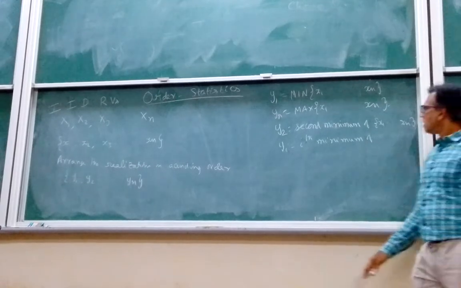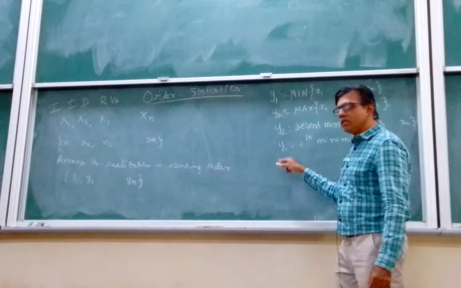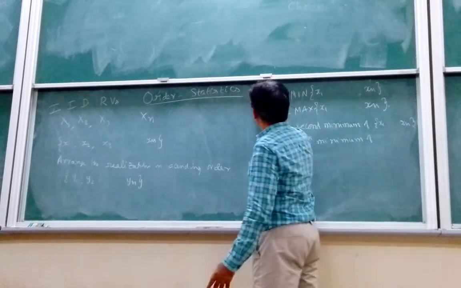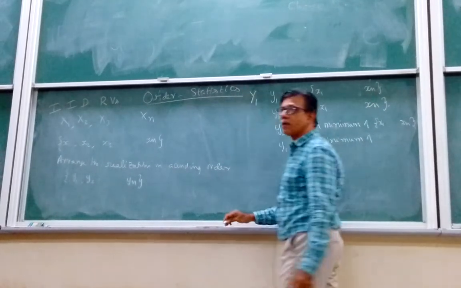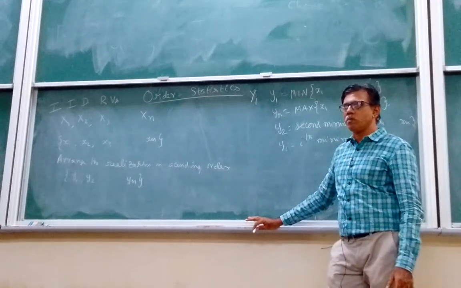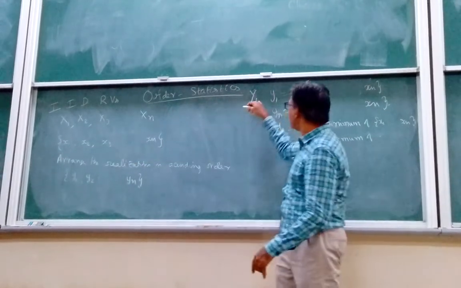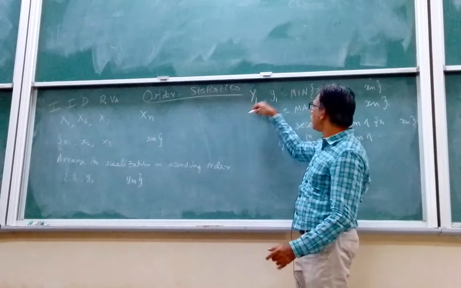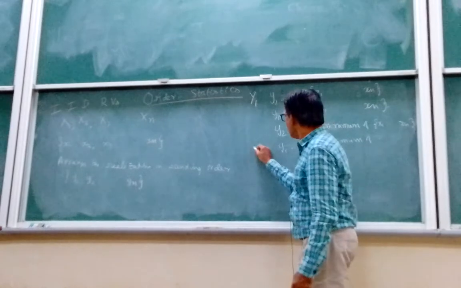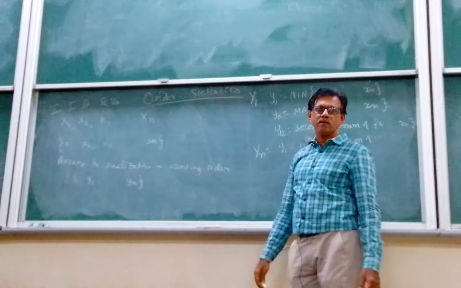Well, you can associate random variables to all these things. In the sense, I can say that capital Y1 is a random variable that represents the minimum of n IID random variables, and after getting the realizations and ordering, I would get the realization of capital Y1, which is small y1. And Yn is the maximum of the random variables x1 to xn.